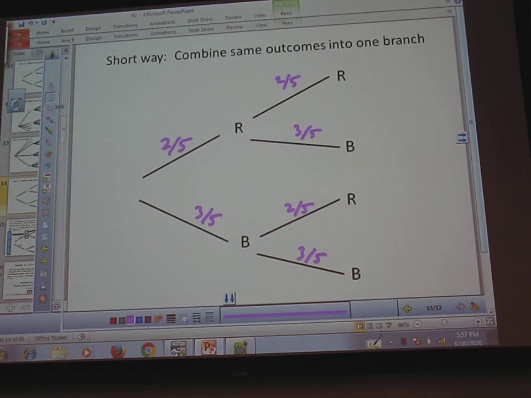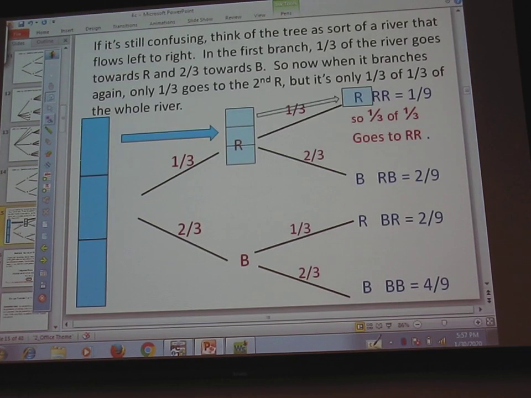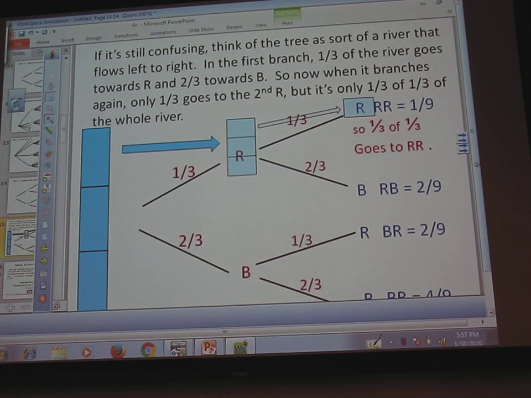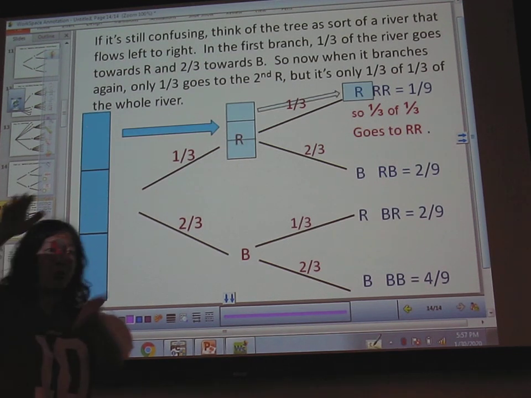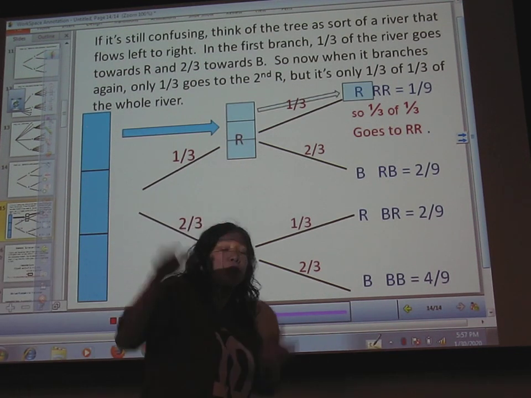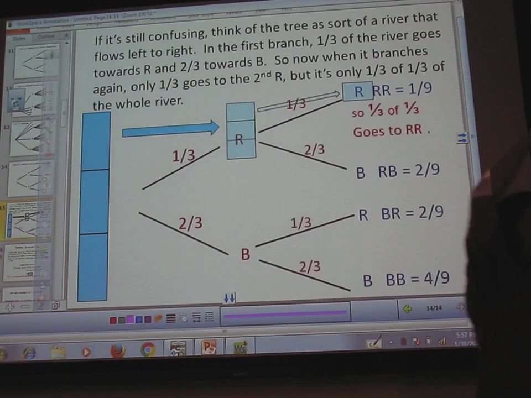So if you remember, incidentally, I've spent like 3 hours making this slide. Making it and then revising it and revising it. So hopefully it's clear now. You start off with a river that flows, right? It branches, 1/3 to red, 2/3 to blue. You go along the little third that goes to red.